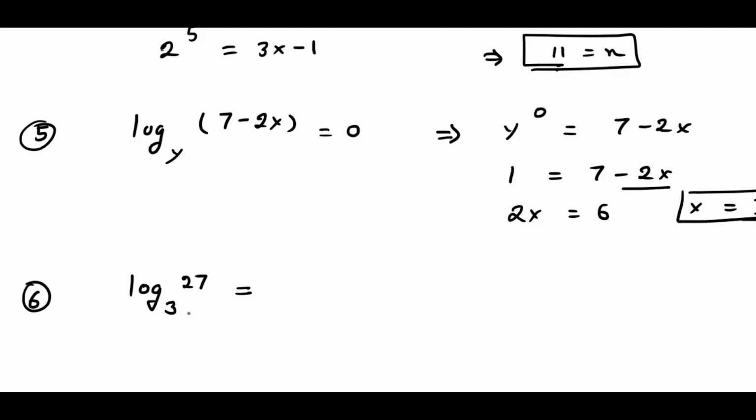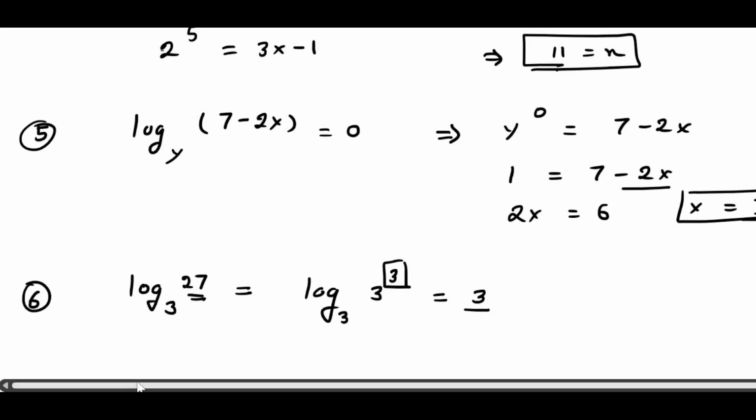Log 27 to the base 3. 3. Very good. Actually, here I will use the property. This 27, I will try to write in the power of 3. So 3 power 3 to the base 3. And we know that this is equal to 3. Okay, this part will be the answer.